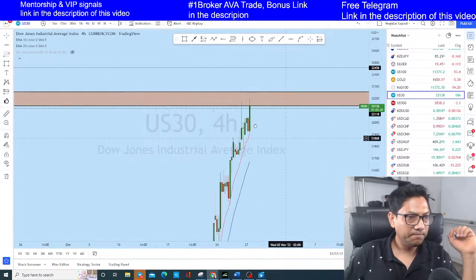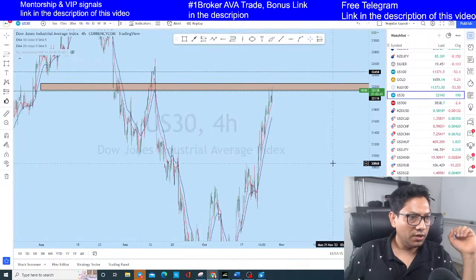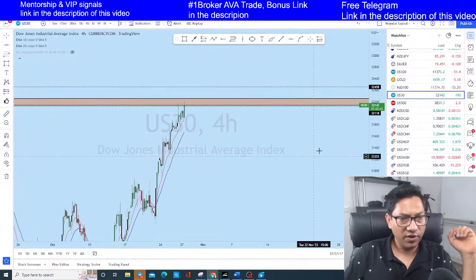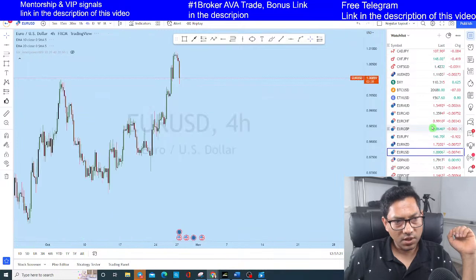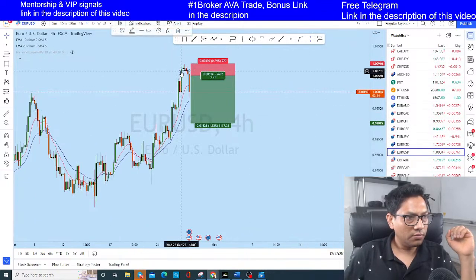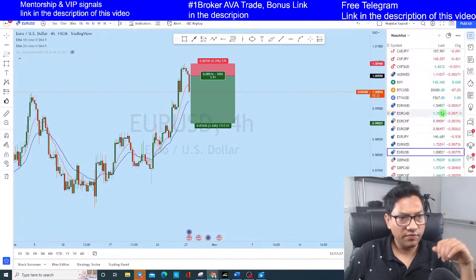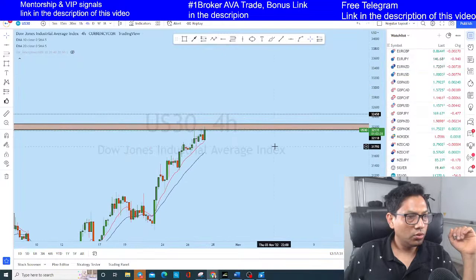What I think is that at any point, you see this is a vertical move without proper retracement, and we should see very soon a reversal. When euro dollar is reversing, and gold is reversing, US30 could continue to drop.